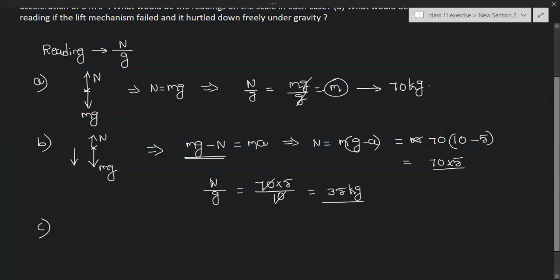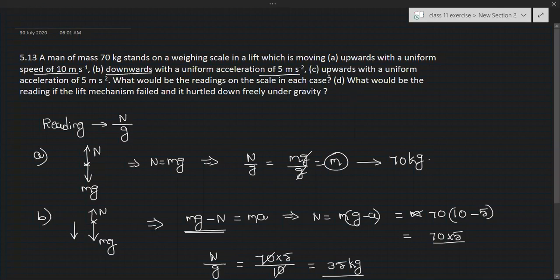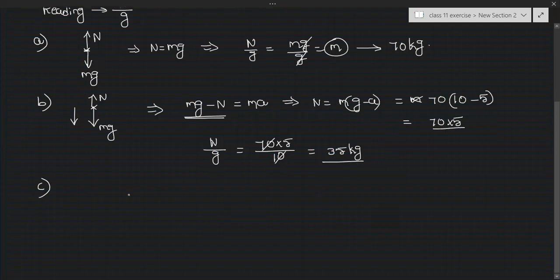Now the third one. In the third one, the lift is going upwards with a uniform acceleration of 5 meter per second square. Here the weight of the person is always vertically downward, and the normal reaction is always vertically upward. Since it is going upward, N is greater than mg, and net force equals N minus mg. From Newton's second law, net force equals mass into acceleration.